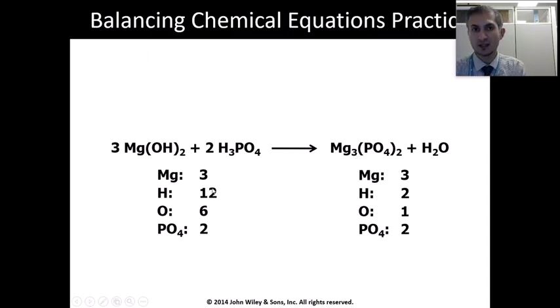Then the number of elements just changes. Magnesium is balanced. I'm going to balance another one. If we are working on polyatomic ions, you may consider polyatomic ions like PO4 as one unit. PO4 on the left side and PO4 on the right side.